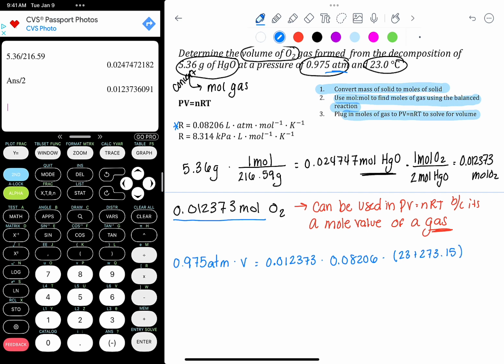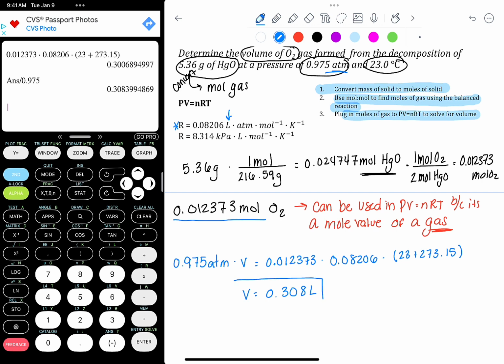So we take 0.012373, multiply that by 0.08206, and multiply that by 23 plus 273.15. And then we divide that by 0.975 to isolate the volume, to get a volume of 0.308 liters. It's liters because R dictates our volume right there.